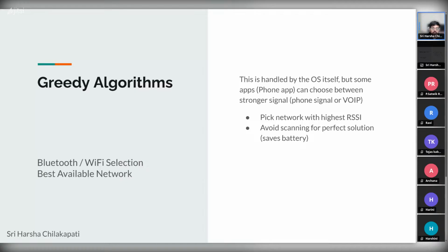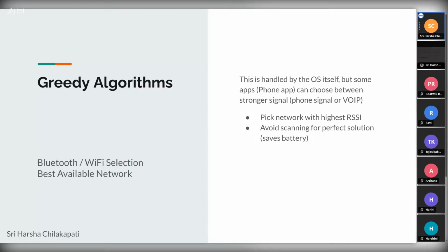It tries to pick the network which has the highest RSSI, basically the highest signal strength in a short time. And whatever that network is, it will start using it. The benefit is, once it picks one which has an acceptable signal strength, it will not start trying each and every other network, and this is used as a battery saving optimization as well. So this is another use of a greedy algorithm.